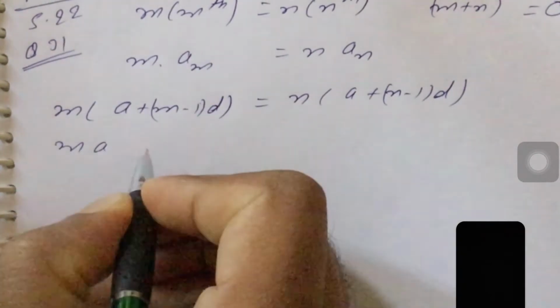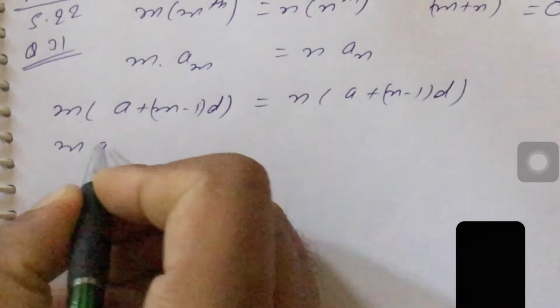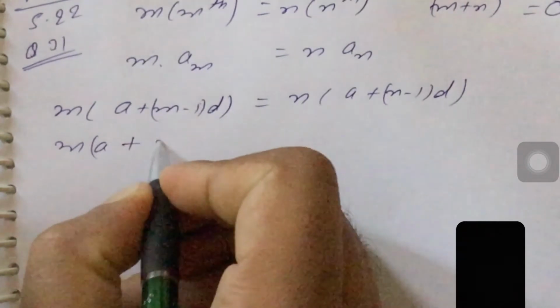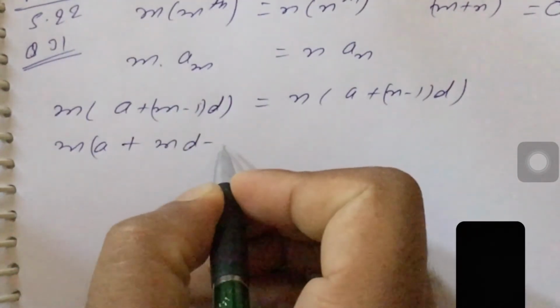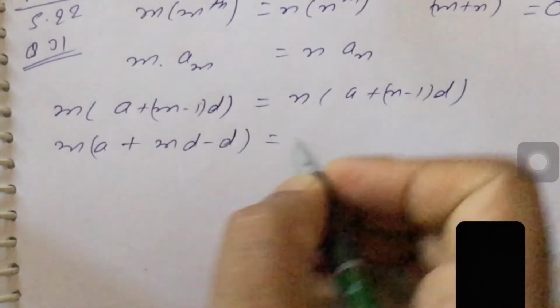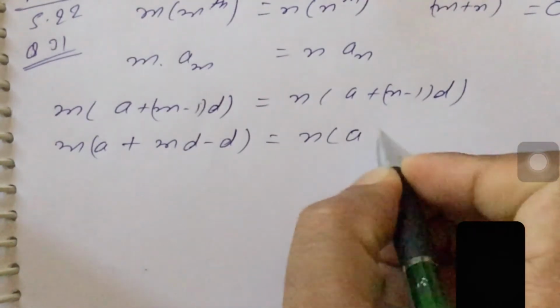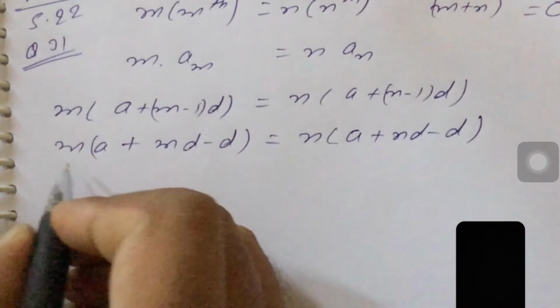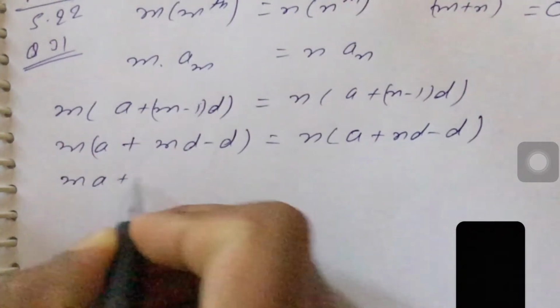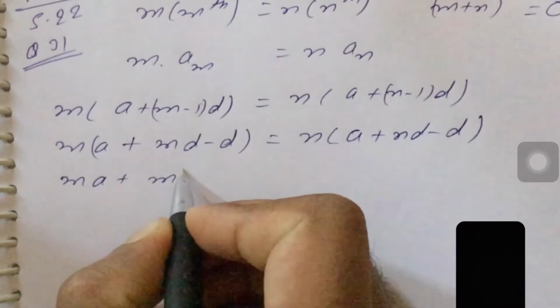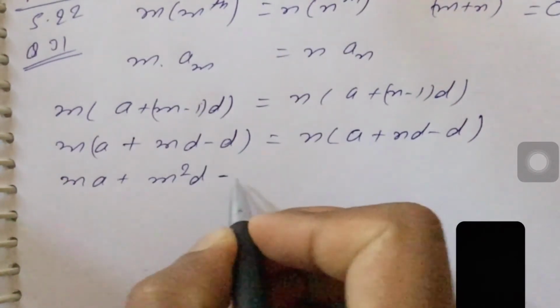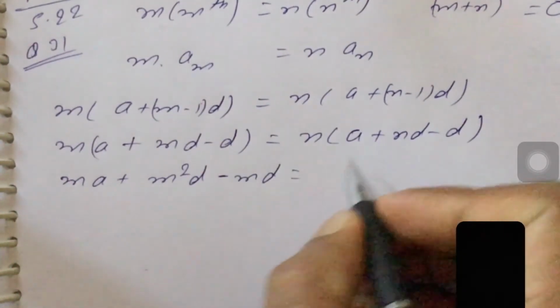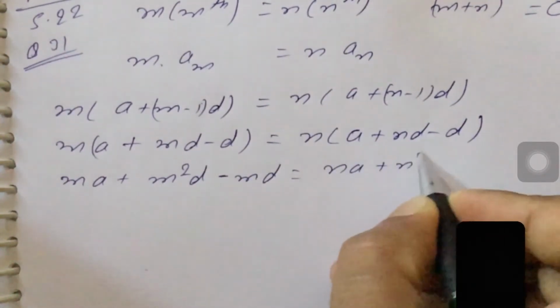Simplify: ma plus m squared d minus md is equal to na plus n squared d minus nd.